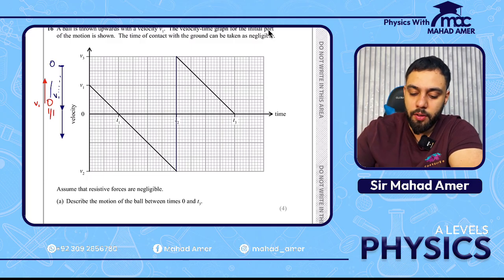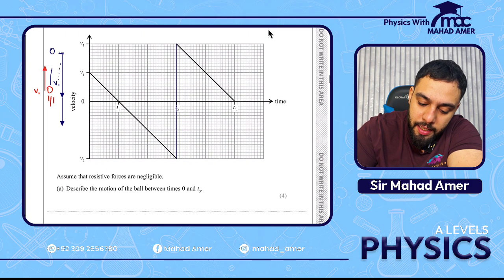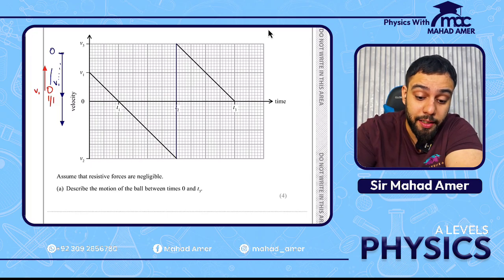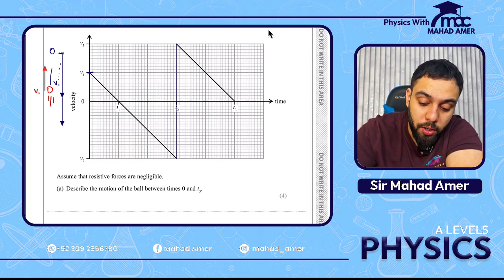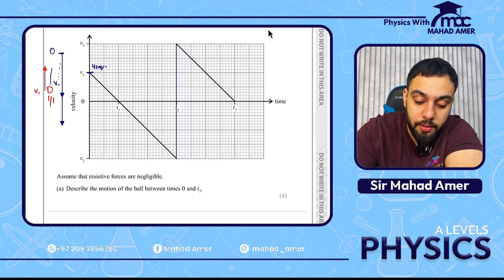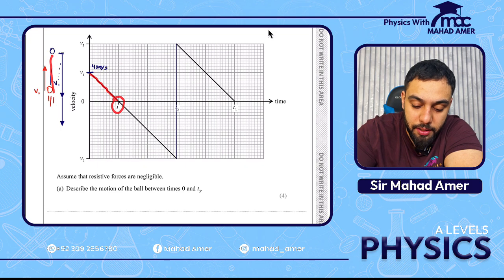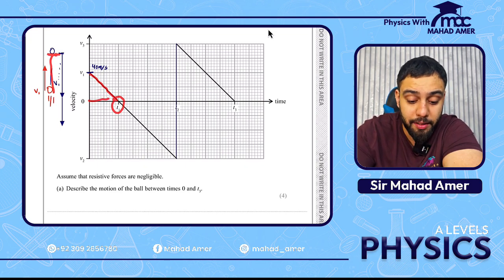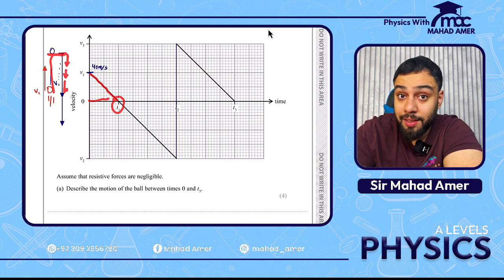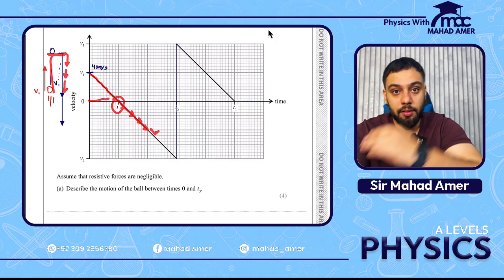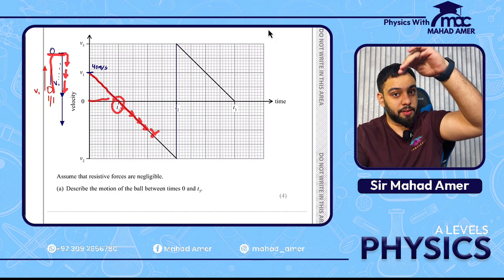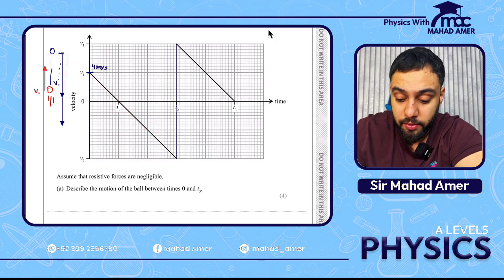Stay very focused. First of all, I'm just going to put in values so that you can actually understand. For example, if I throw the ball at 40 meters per second, at maximum height this ball would reach zero velocity. Then when the ball starts to come down, the direction of motion is going to change. That means the velocity starts to increase, but in negative, because if it was going up, it was positive. Since it is coming down, it would be negative.